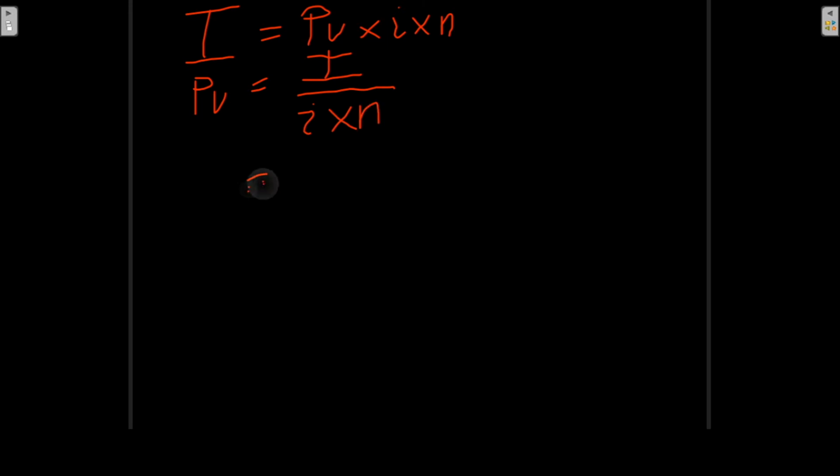The interest is 200 rands divided by, and now I'm working with the A part, so that's for question A, the interest rate is 10%, 0.1, and for the A part my n is 3, so I get my present value.